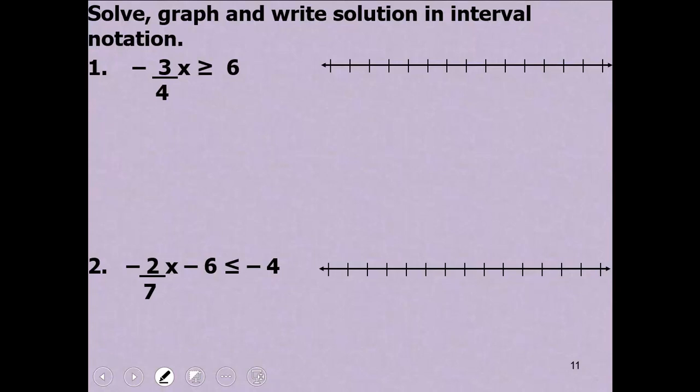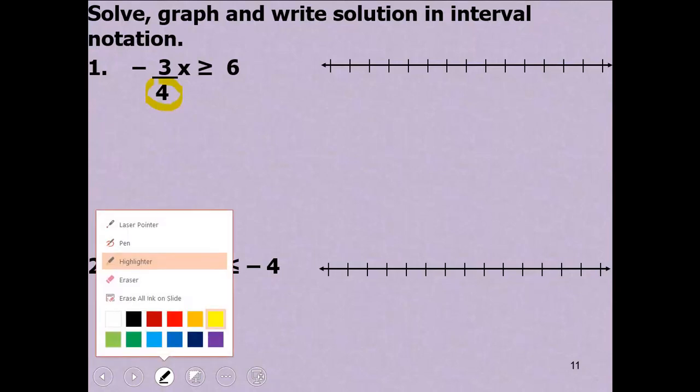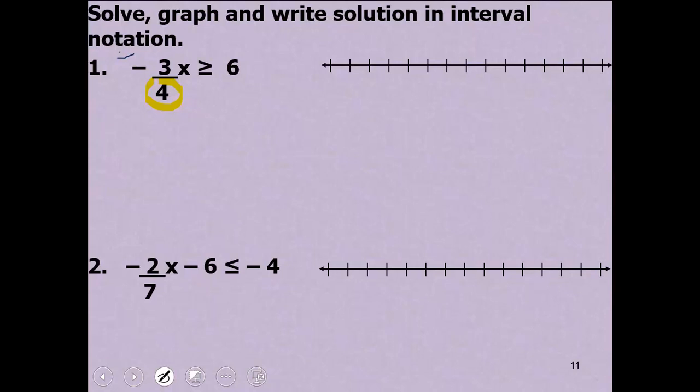There's a one-step method or a two-step method. I really believe that most of you use the two-step, so that's what I'm going to do. In order to solve this, this is a negative 3x divided by 4. I'm going to undo division, and so I'm going to multiply both sides by a positive 4.